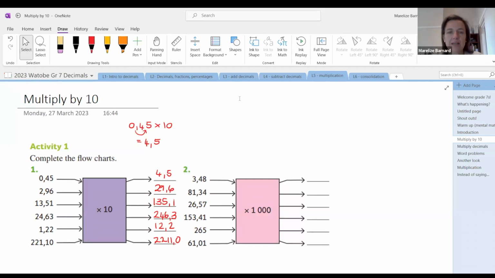Now, what is going to happen if we times by 1,000? 3.48 times by 1,000. What do we get? If we are timesing, it means we are making the number bigger.